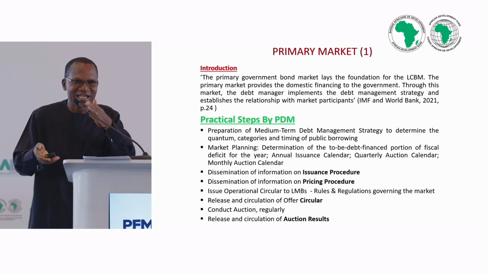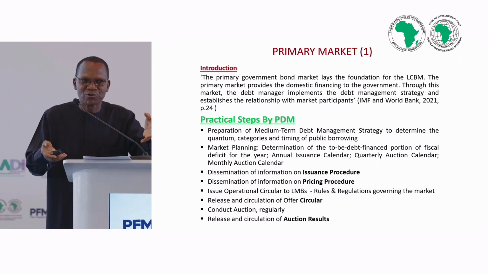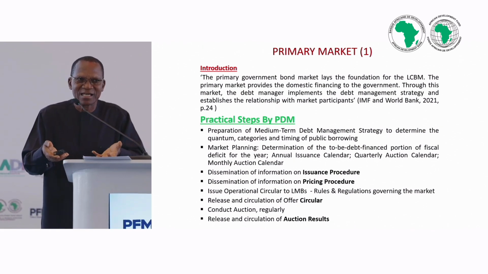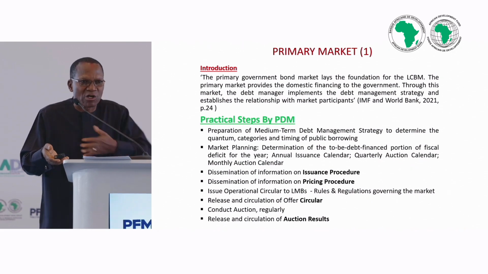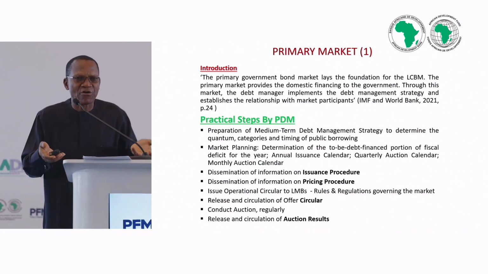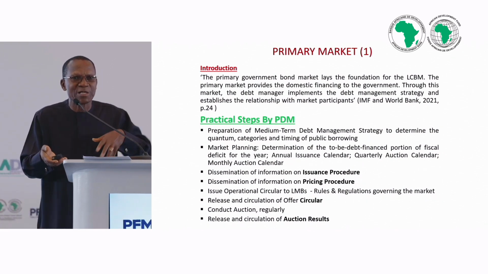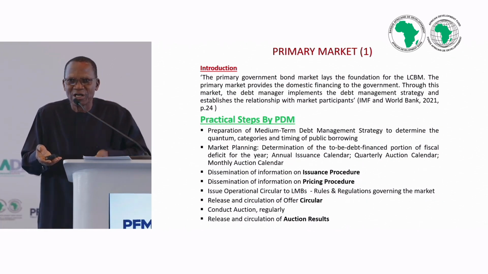And in the first quarter, it's going to borrow so much. In the second quarter, so the investors will start making up their minds how to participate actively because they have advance information about what's going to happen. So it's critical that this information is known in advance so investors can prepare.